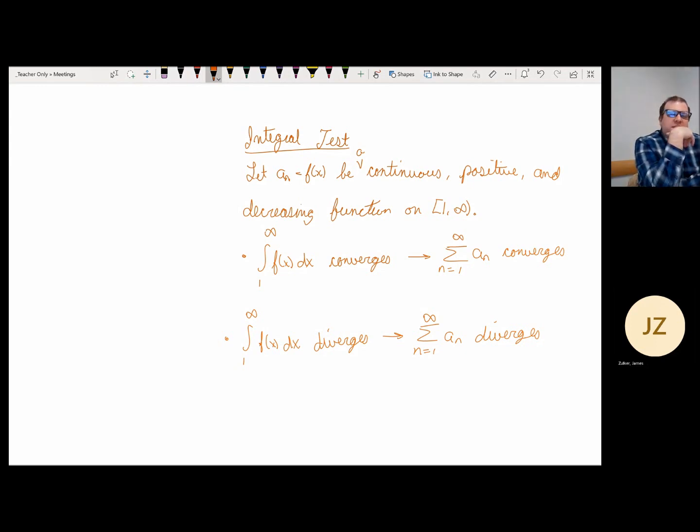And so really we can write this as an if and only if statement: the series converges if and only if the integral converges.